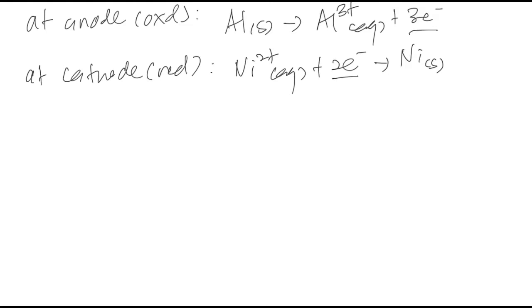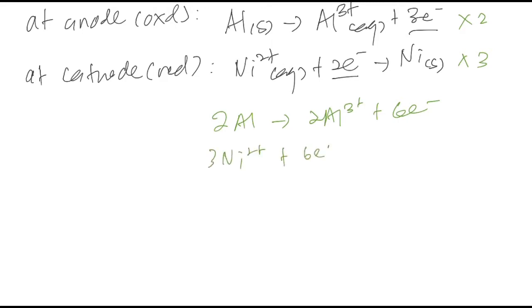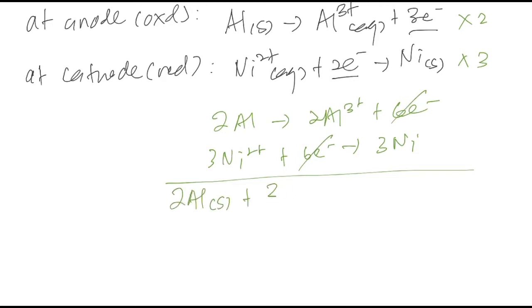So I need to multiply the anode by 2 and the cathode by 3. I get 2Al to 2Al3+ plus 6 electrons, and 3Ni2+ plus 6 electrons to 3Ni. Therefore, in the overall equation, I can cancel off the electrons. I end up getting 2Al solid plus 3Ni2+ produces 2Al3+ plus 3Ni solid.